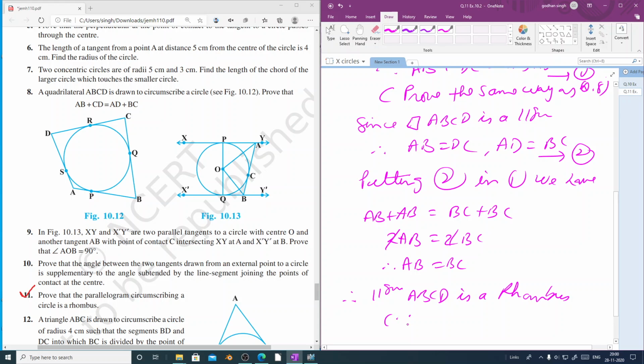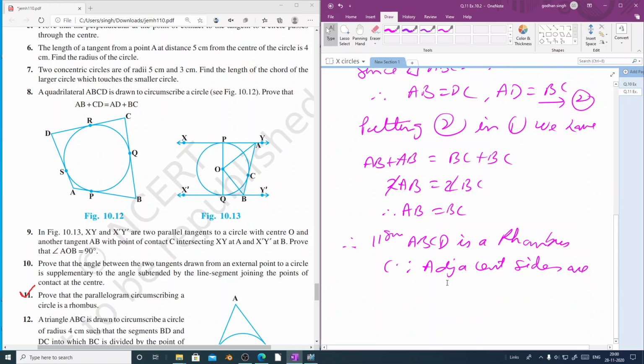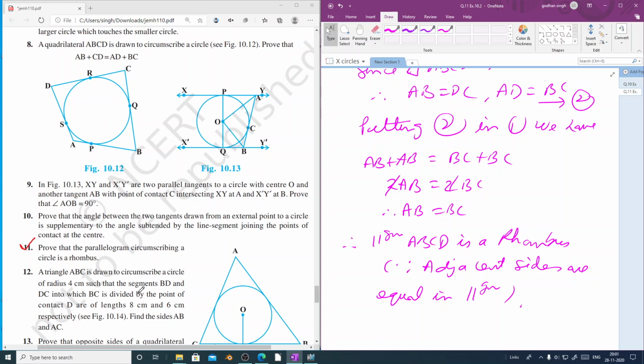Because adjacent sides are equal in the parallelogram. Whenever adjacent sides are equal in a parallelogram, it is a rhombus. So this is the answer of question number 11. With this, question number 11 is complete.